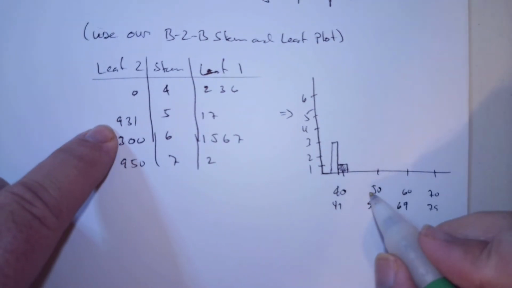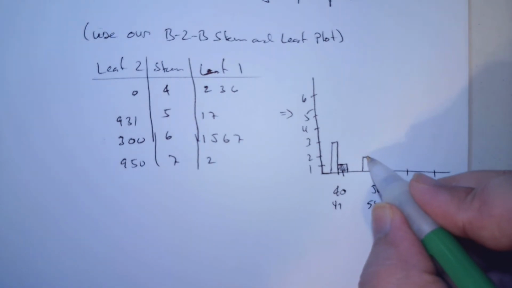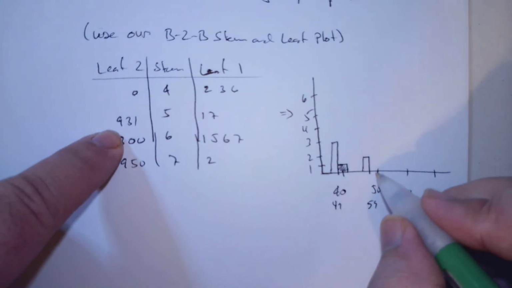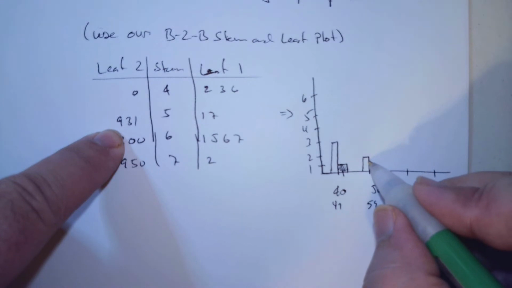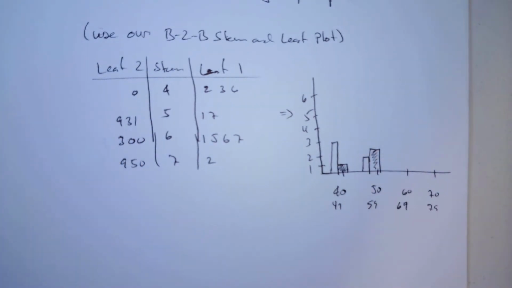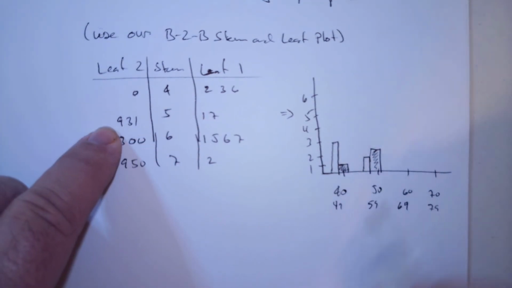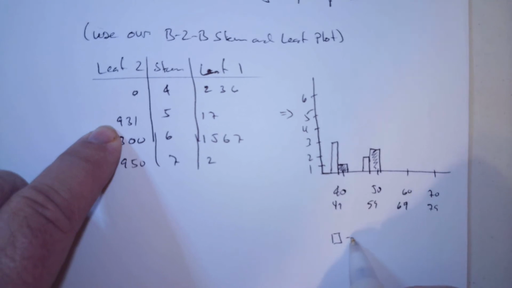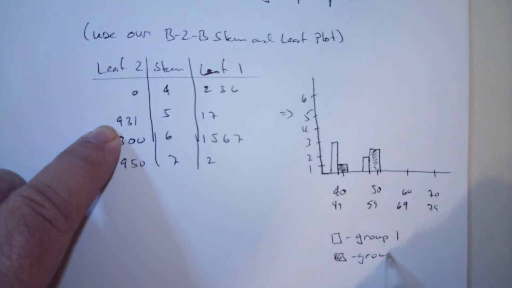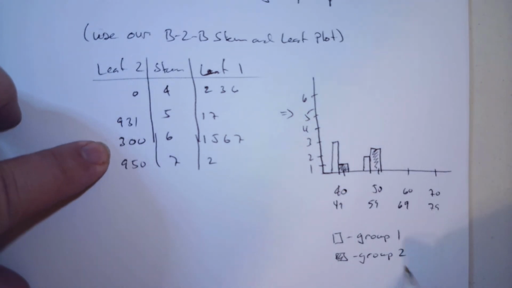In the second group, group 1 had 2, and the other group had 3. Notice the shaded part is group 2.